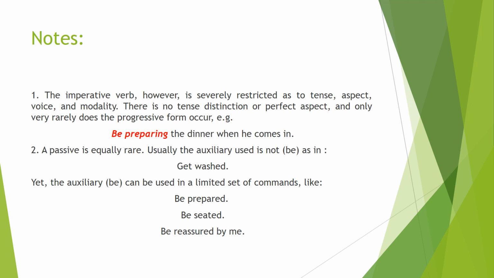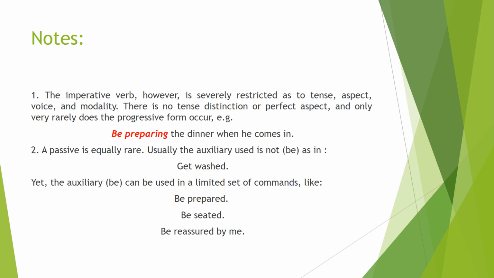Here, "get" functions as the auxiliary that we use to make the verb "wash" passive. Instead of saying "Wash your face," a command that consists of a verb plus a direct object, and we know that in order to make a sentence passive we need a direct object, in the passive I can say "Get washed." I don't say "be washed," no, "get washed."